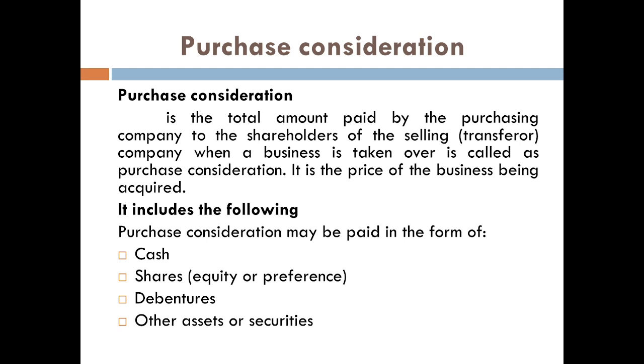The purchase consideration may be paid in cash or shares, equity or preference, in the buying company, the new company, debentures in the buying company, or other assets or securities. So these are various types of purchase considerations that are paid.